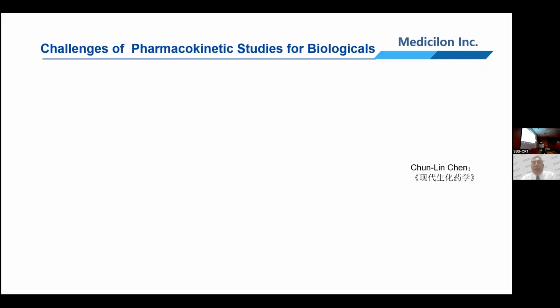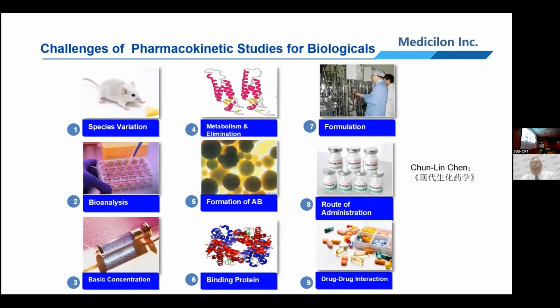I think it's challenging to study the pharmacokinetics of biologicals, including peptide drugs. I listed 9 challenges here, including that the metabolism and elimination scheme is a little different from chemical drugs, and we have not yet come up with a system for that.